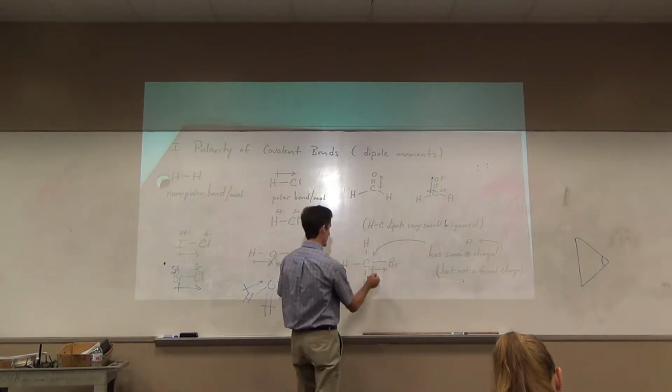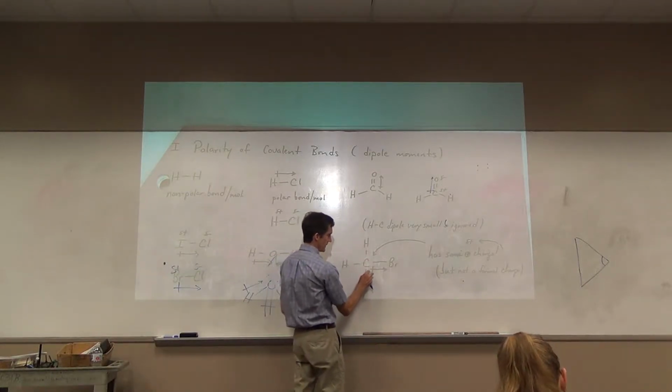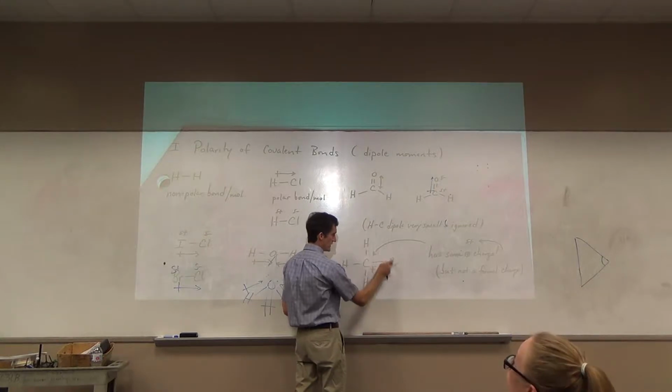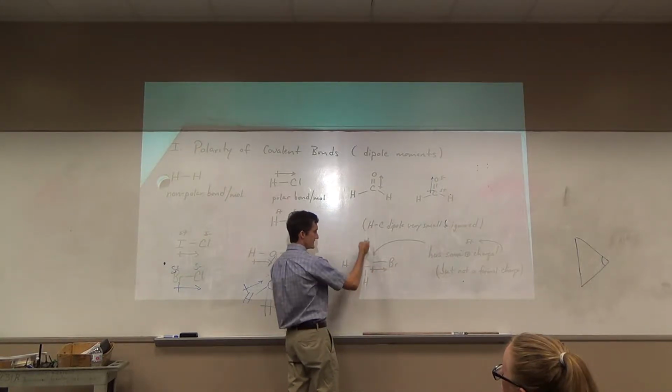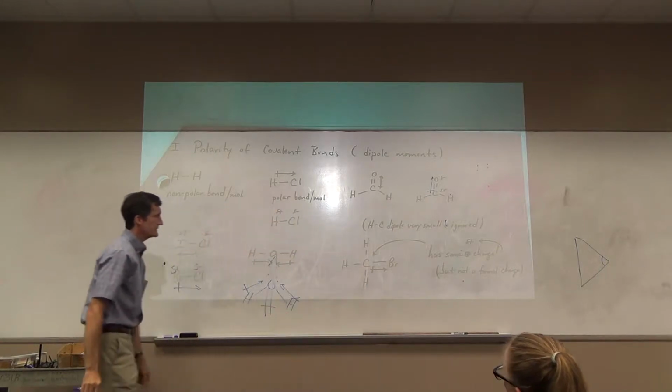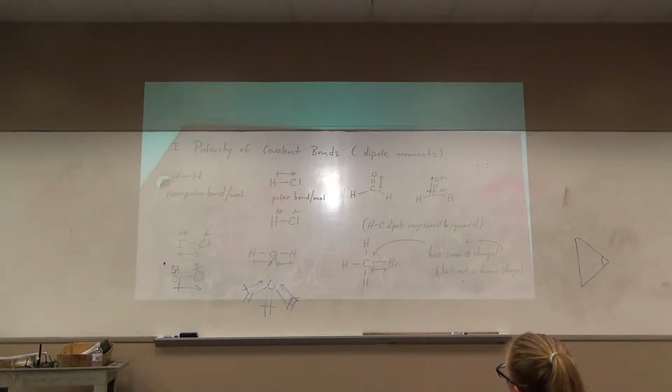What about this guy? Do we have a dipole here? Carbon-bromine. Bromine is more electronegative than carbon. What about CH? CH is a very small difference in electronegativity, so small that we ignore it. A CH bond is considered nonpolar. CH is nonpolar.